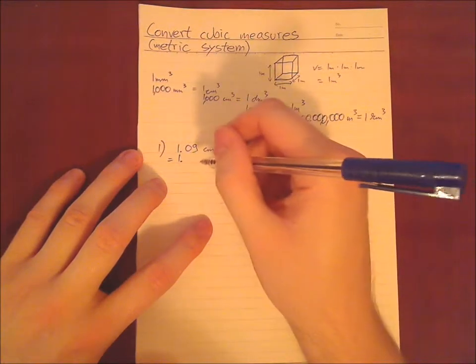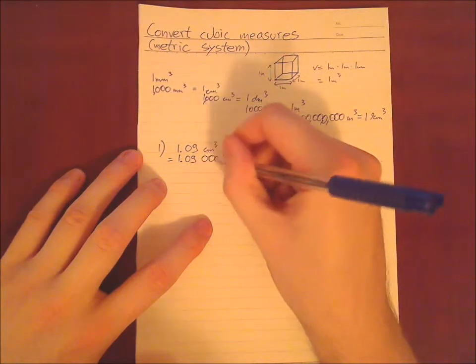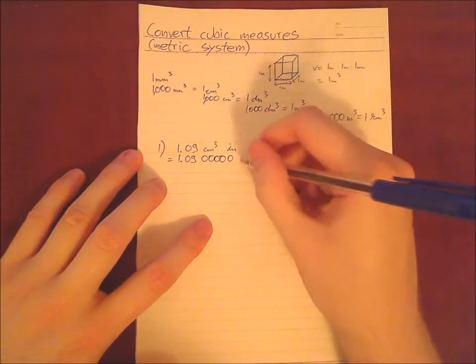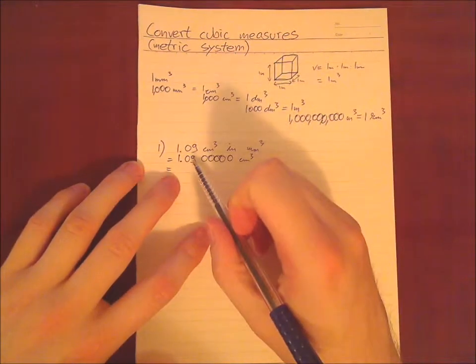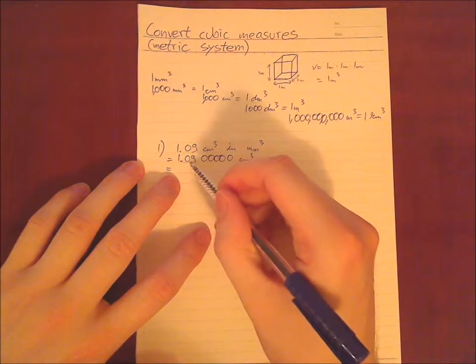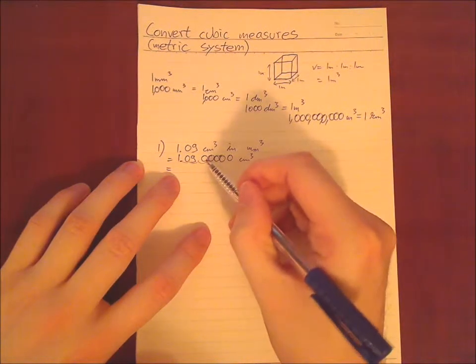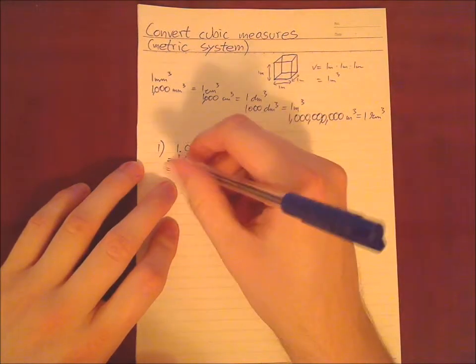And as with lengths or areas, we can also add a lot of zeros, and it still says the same. And we said one step. One step is 3 digits, so 1, 2, 3. There we are.